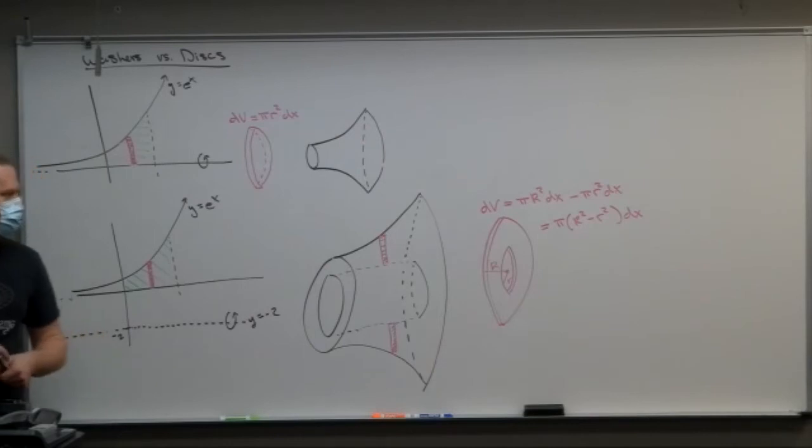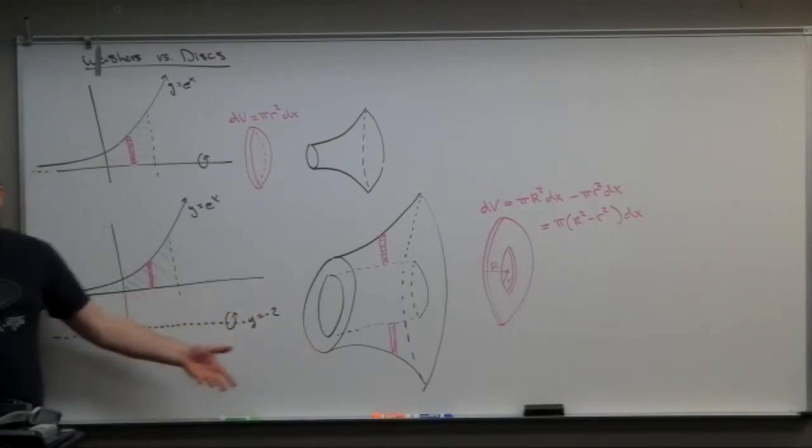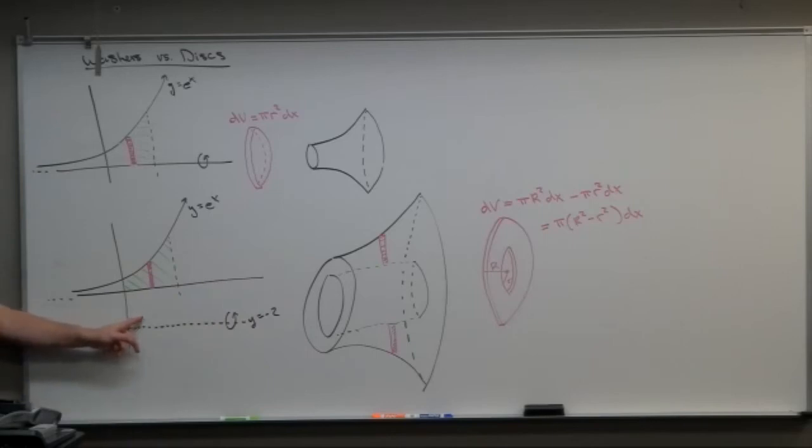So the question is, can I come up with the big R and little r without drawing these wicked complicated pictures? And the answer is yes, you can do it all in this setting, and that's what you want to do. You want to do it all just here with the graph of the region. You don't want to have to draw the pictures. And in fact, drawing the big pictures isn't especially helpful.